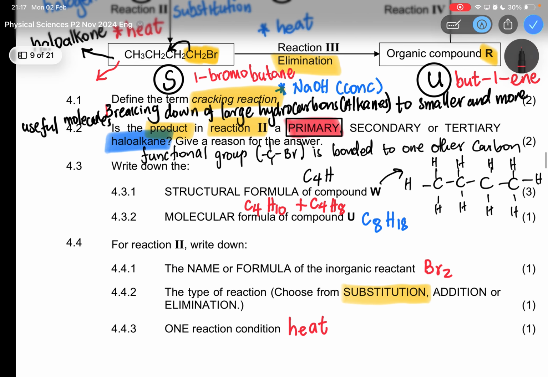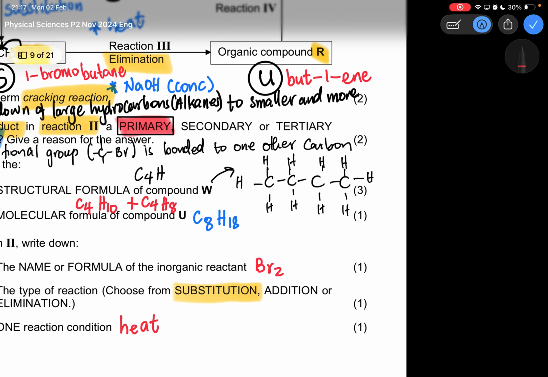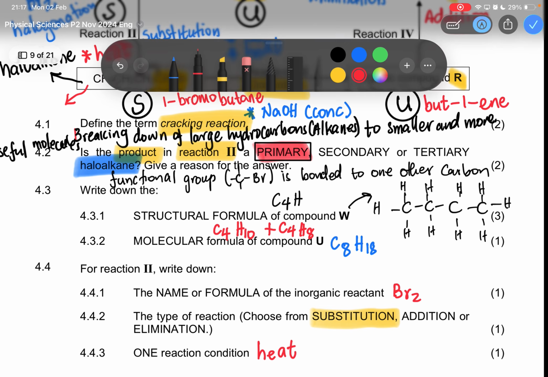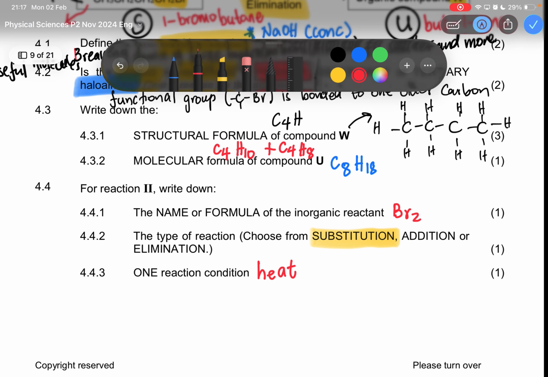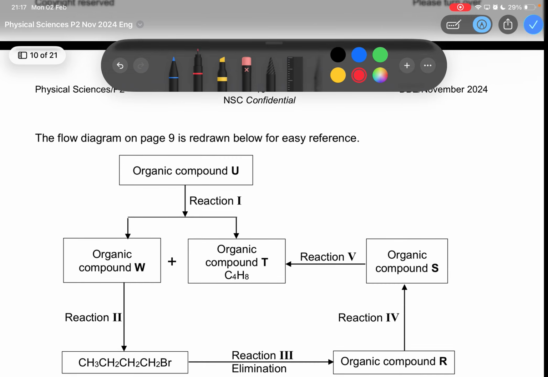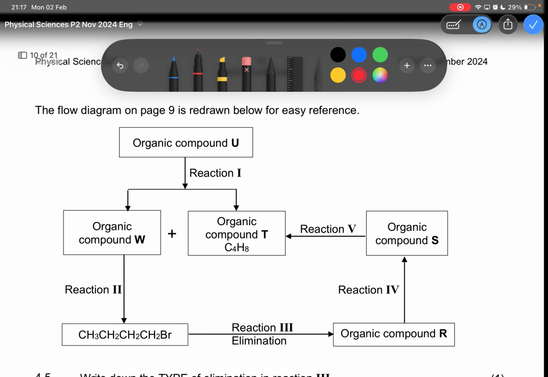Let us now look at the next question. We are still given the same diagram. This diagram is just made for us to be easy to make reference.